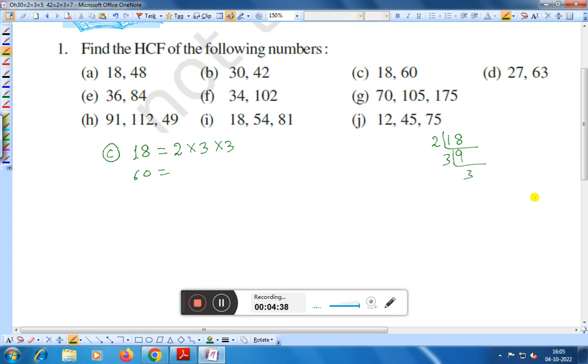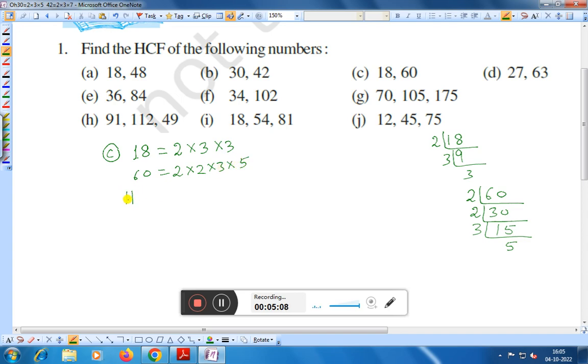And 60 can be written as: by the division method, we will find 2 times 30 is 60, 2 times 15 is 30, and 3 times 5 is 15. Therefore, in place of 60, we can write 2 into 2 into 3 into 5.